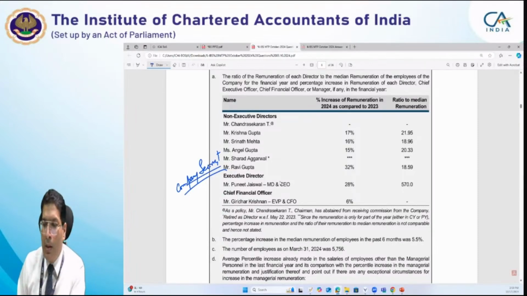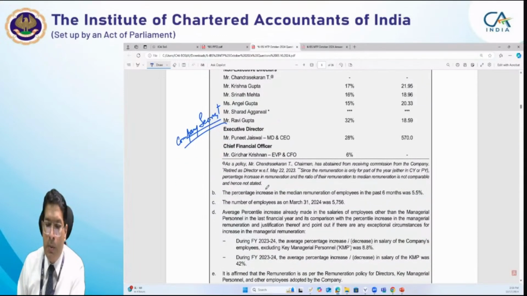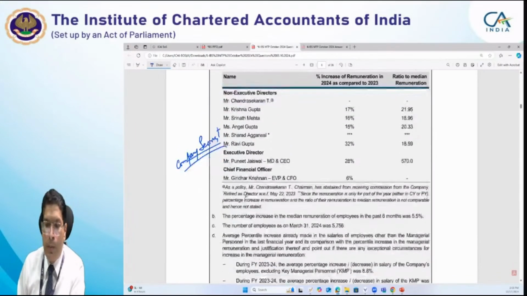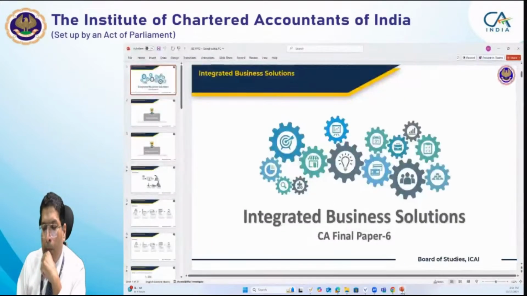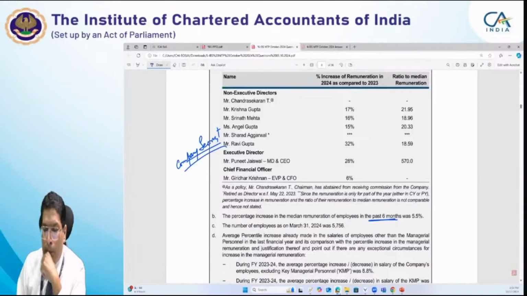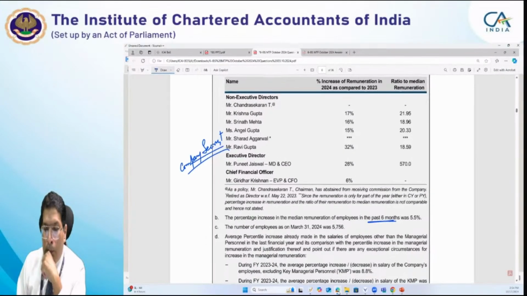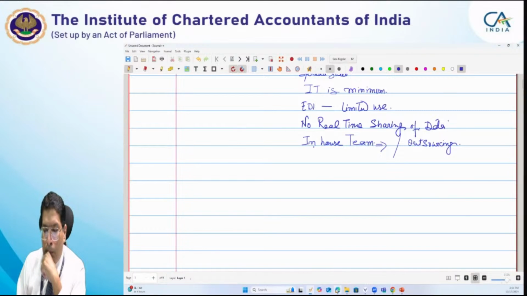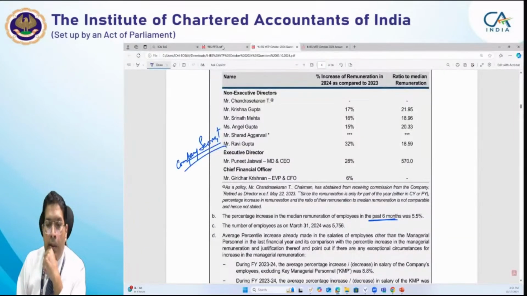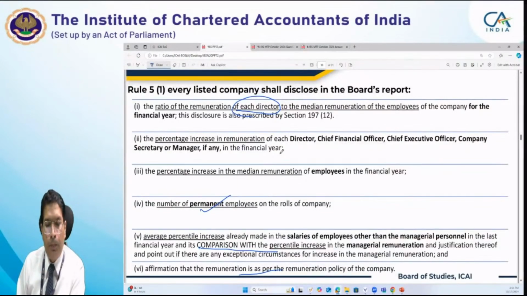Okay. Next, in this statement, the percentage increase in median remuneration of employees in the past 6 months. Okay. But this should be for the financial year. Please refer to this slide.